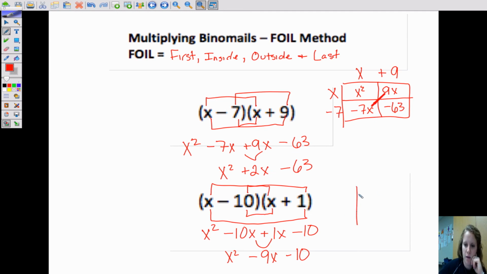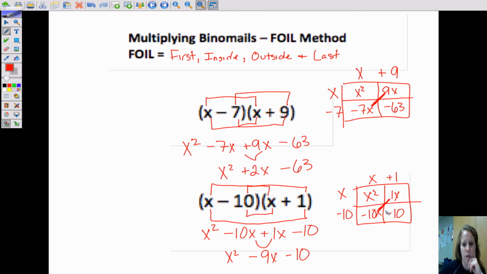Here again, if I have x minus 10 and x plus 1, then I have my 4 boxes. I have x squared, negative 10x, 1x, and negative 10. And again, we combine these 2 boxes to simplify. Write these down because these are going to come in handy. I want us to be thinking about multiplying binomials with the boxes because those will come in handy.